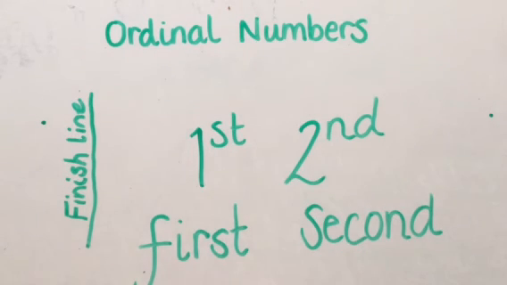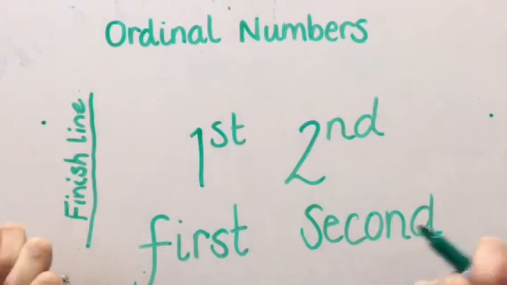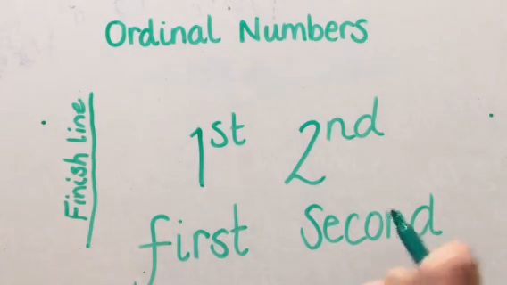Okay, so you could get the boys and girls even to break up their day. First thing in the morning, the first thing, we have breakfast and go to school. In the middle of the day, in second position, we return from school, have our dinner, and the third thing that I might do is brush my teeth and go to bed. So you can use that for parts of the day as well.